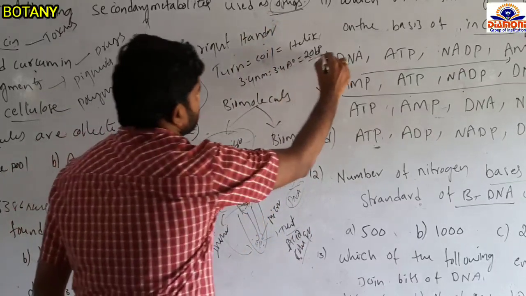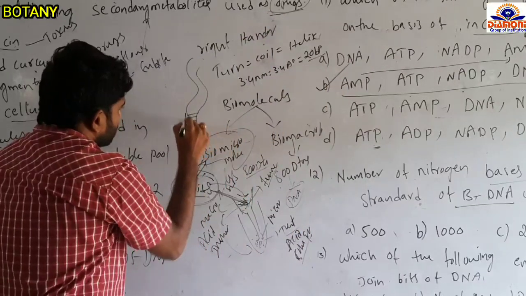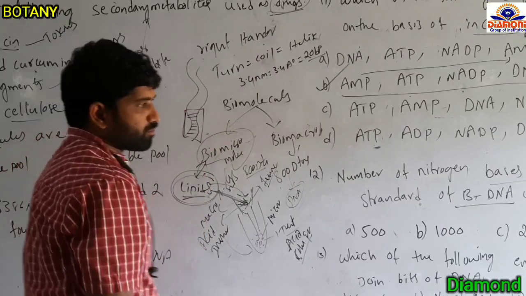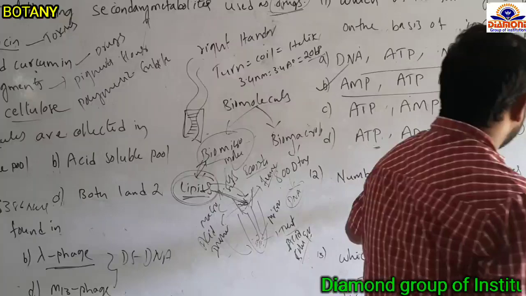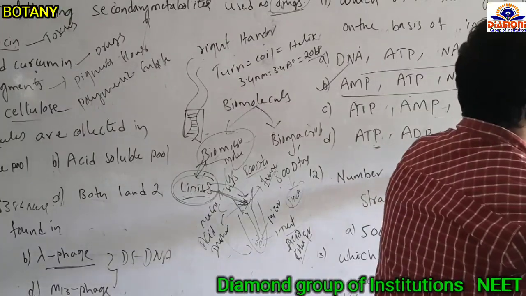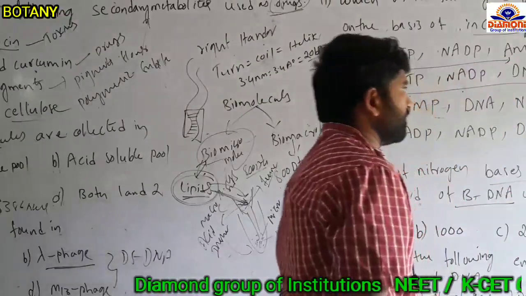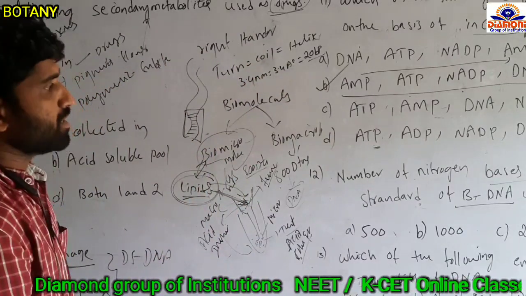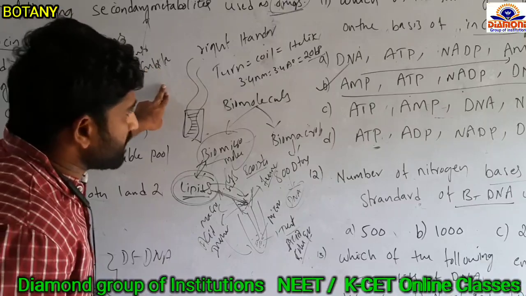Base pairs means we consider two strands of the DNA. But the question asks for B-DNA with 100 turns, and we have to identify the number of nitrogen bases, not base pairs.